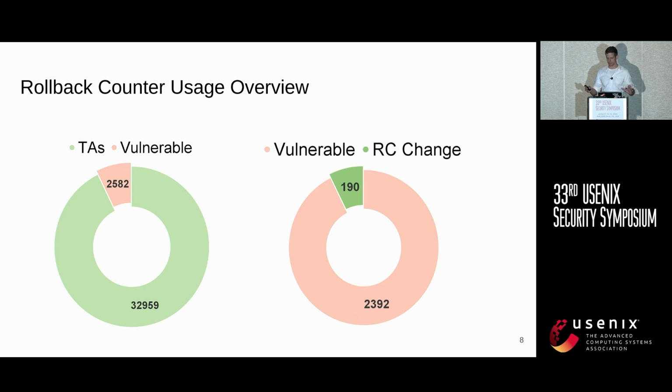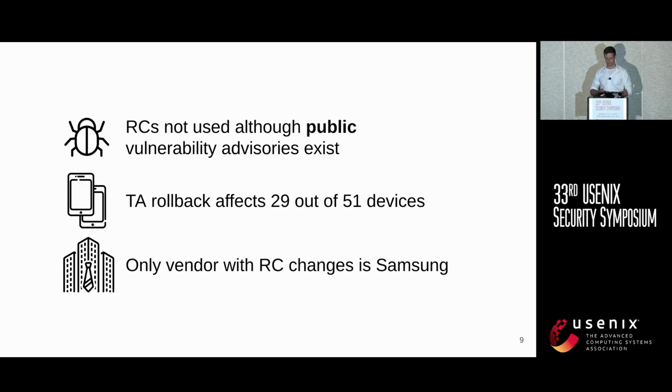If we simplify this scenario, for each vulnerability in a trusted application, you would assume that there would be at least one rollback counter change, and that is by far not the case. So we can conclude that even though public vulnerability advisories exist, so blog posts about proofs of concept to exploit a trusted application, rollback counters are not being used widely in this entire ecosystem.